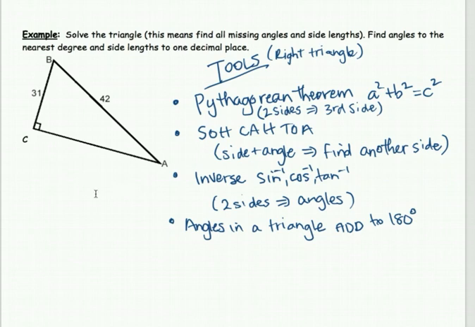So you always want to carry a few digits so that you can get the best results that you can, and then in the end you can round to whatever the question is asking you to do. So again, just one more rule of thumb here: don't round values until the end.